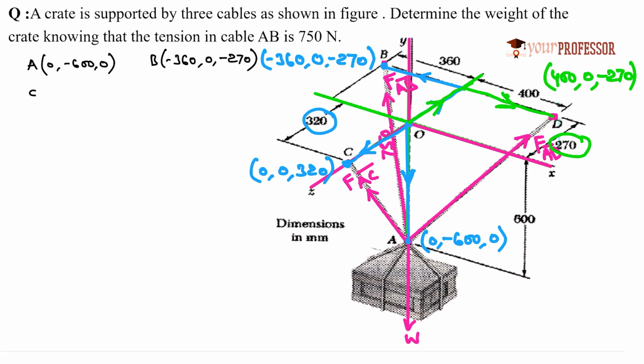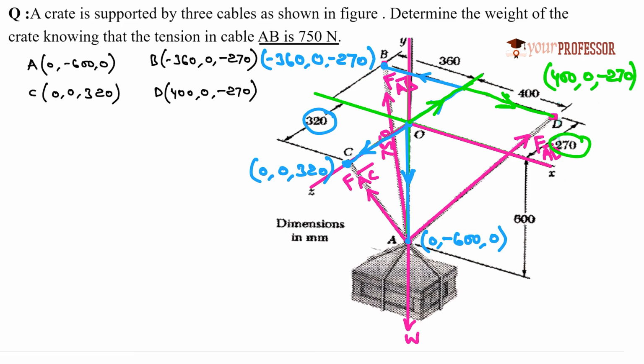And next coordinates of C are 0, 0, 320, and coordinates of D are 400, 0, minus 270. So we have got the coordinates, and the tension along AB is given in the problem, which is nothing but 750 newtons. So using these we can solve the problem.